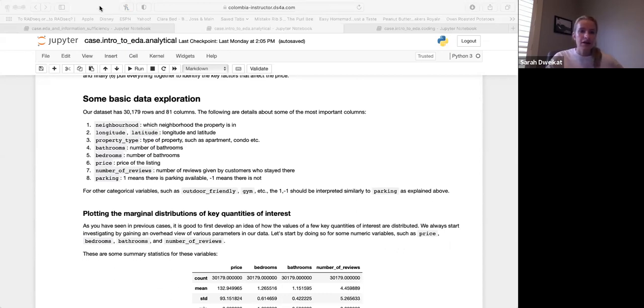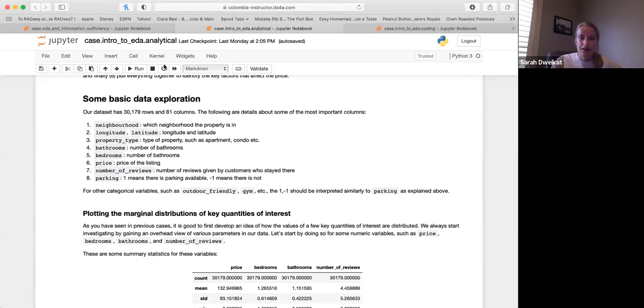Our data set has 30,000 rows. Like I said, we're doing this for the sake of size. This is just our New York City data set, and it already has 30,000 rows. We have 81 columns.